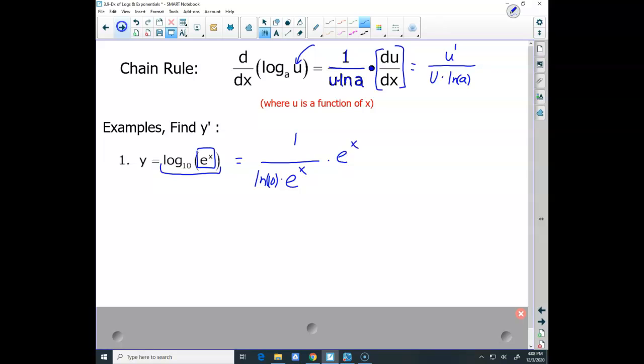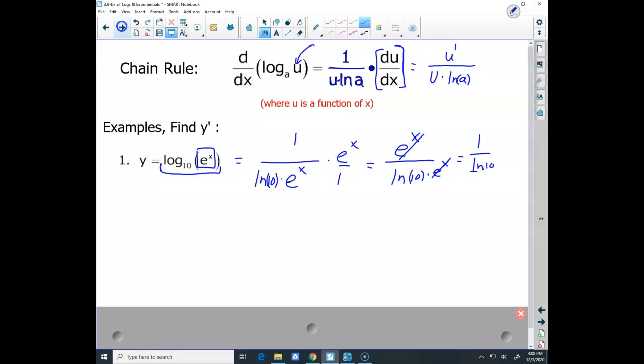Would that fall out that way? Or am I losing my scruples? Which is over 1, which is going to be e to the x over ln 10 times e to the x. Oh, those go away. In this case, it would be 1 over ln 10.